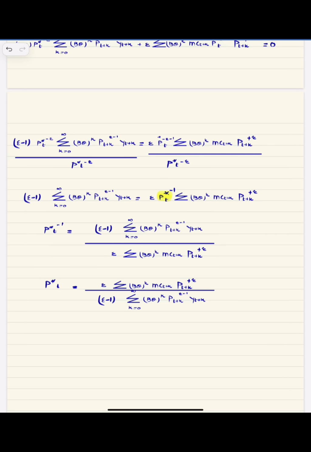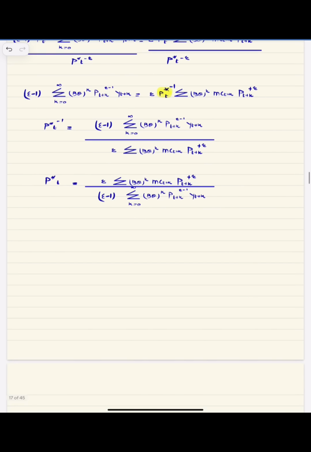Okay, and what about the price index? That's basically just given.